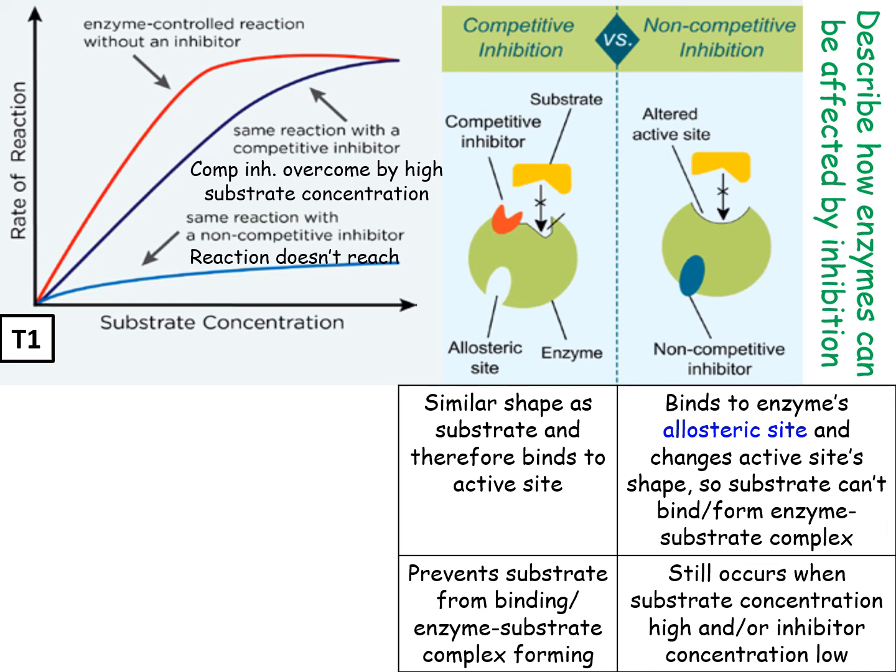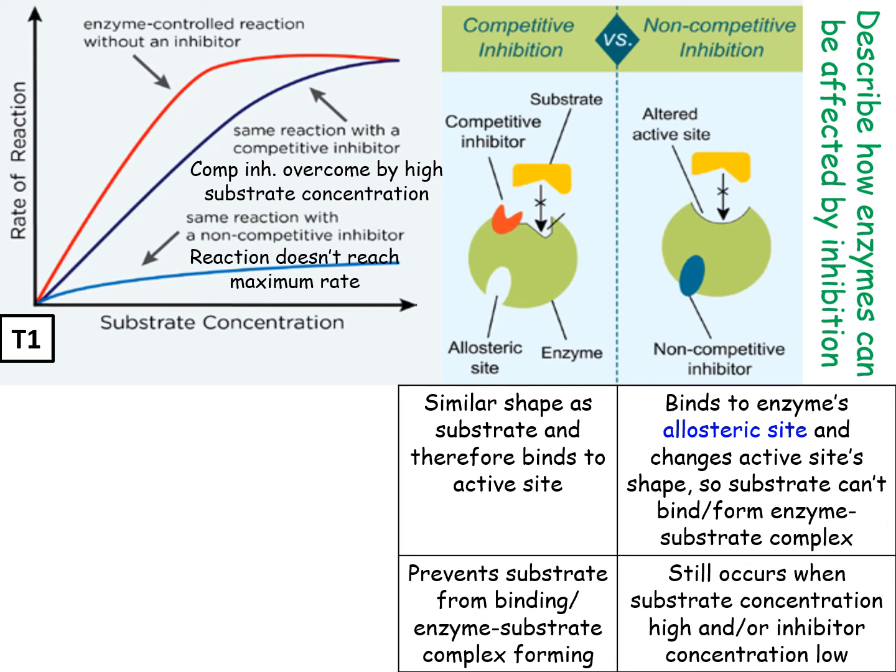One other thing to understand is that with a non-competitive inhibitor, the reaction doesn't reach the maximum rate because the amount of enzyme activity you could have decreases due to the less chance of enzyme substrate complexes forming, as more of the enzyme active sites will have changed in terms of their shape.